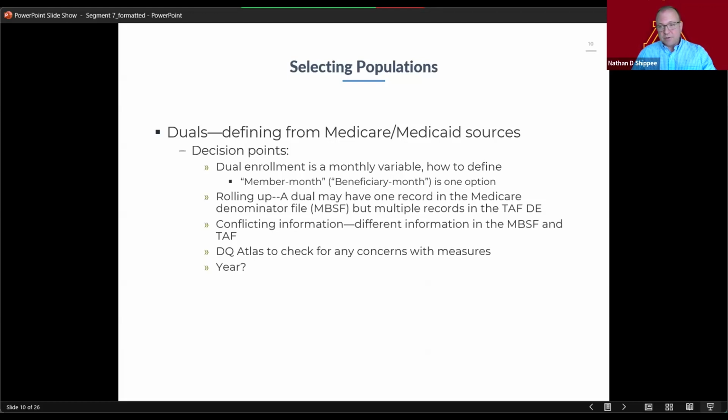So there's always some kind of disagreement, but in this case, it's not a survey administrative disagreement. It's an administrative disagreement, because the MBSF comes from Medicare enrollment information in CMS's internal repository for Medicare. So this is all from administrative data.